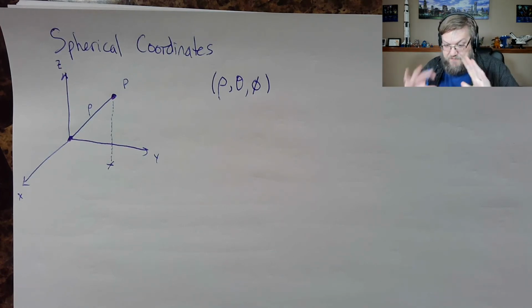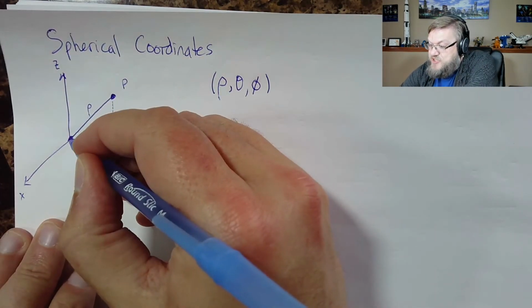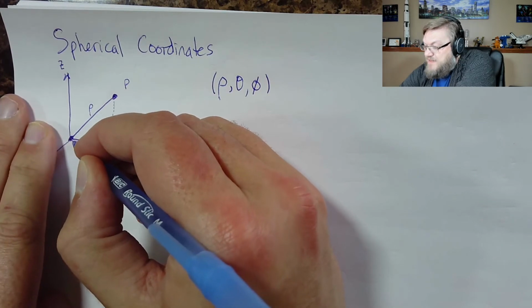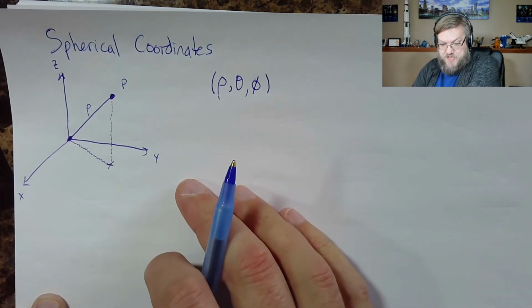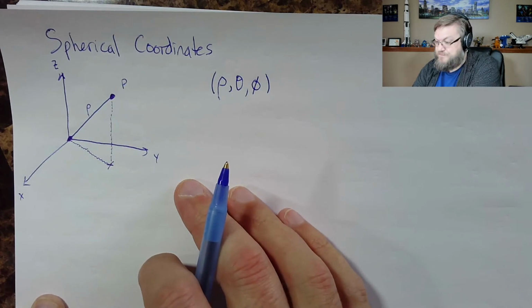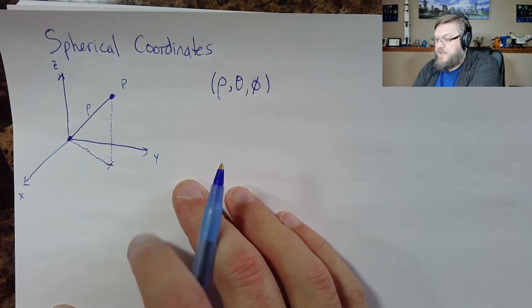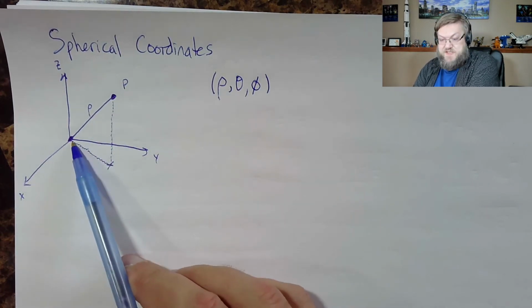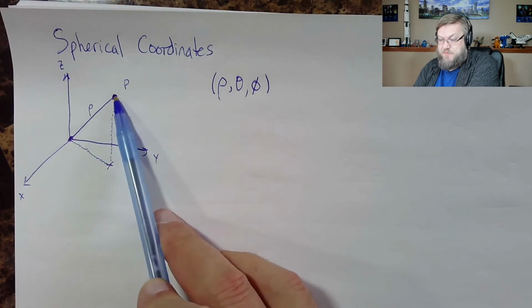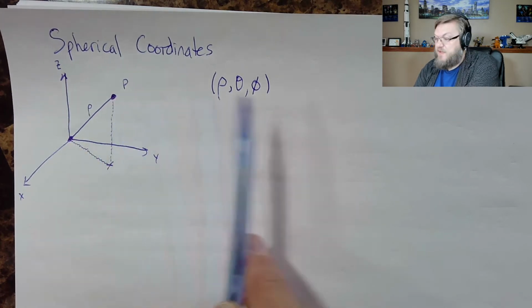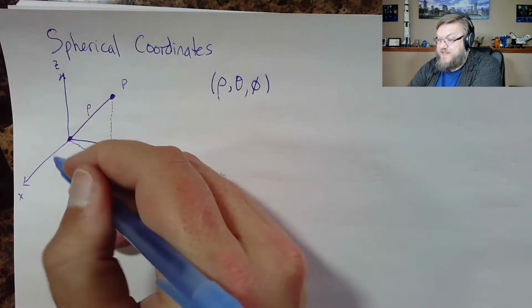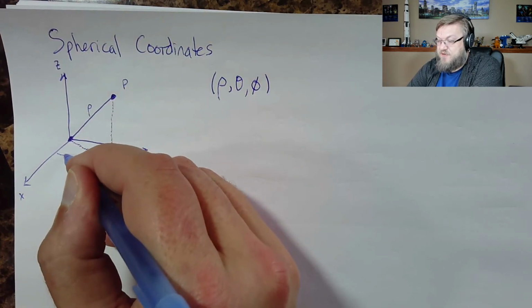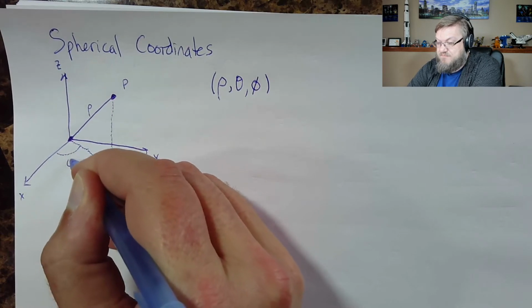That distance. Now, to give me perspective here, here's the shadow of that line segment that I just drew. See that? That's the shadow there. Okay. And so rho is the distance from the origin to the point. Where's theta? Theta is the theta from polar. So theta, again, is this horizontal rotation right here.